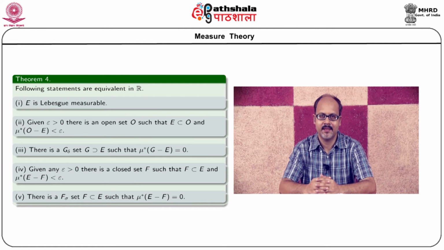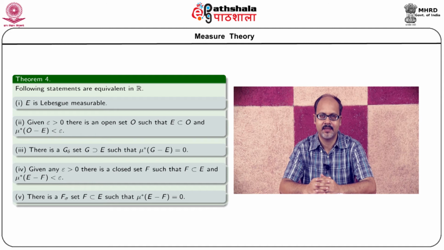Now, we take the union of all these sets F_n, that is, we take F as the union from n equals 1 to infinity of F_n. Then F, being a countable union of closed sets, is an F sigma set.